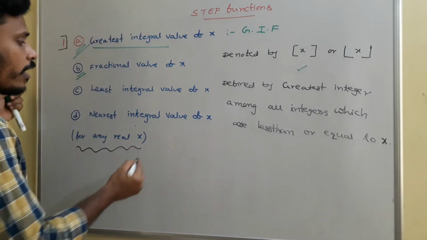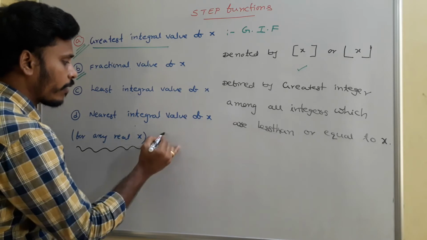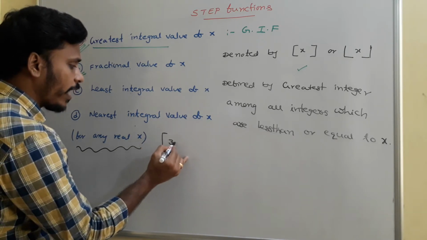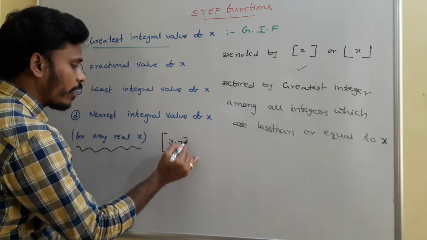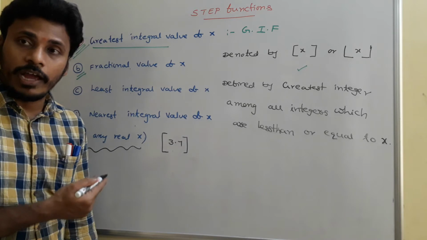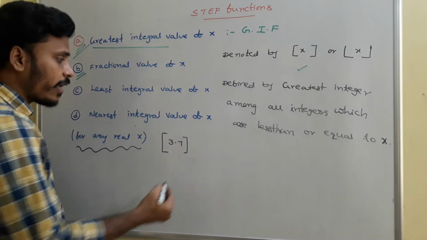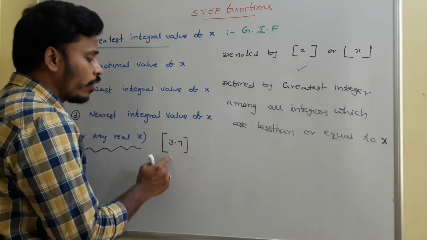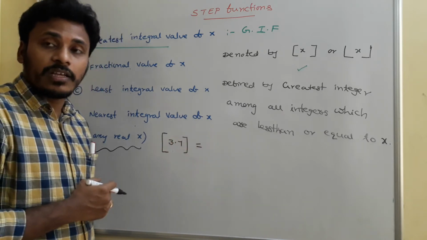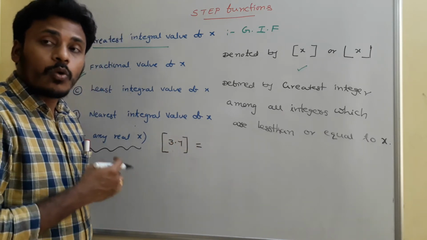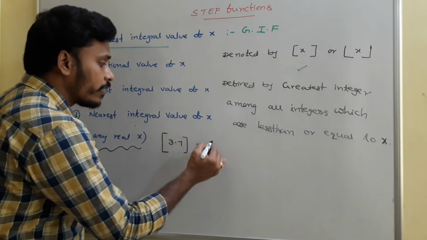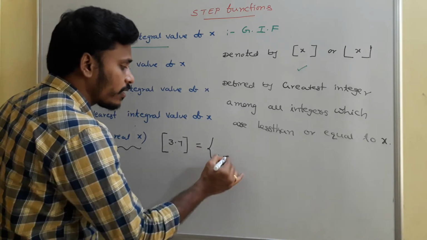Suppose I give you a number like 3.7, step x, the greatest integral value of 3.7. What do you say about it? Just analyze it. As I mentioned, first we need to locate all the integers which are less than or equal to 3.7.